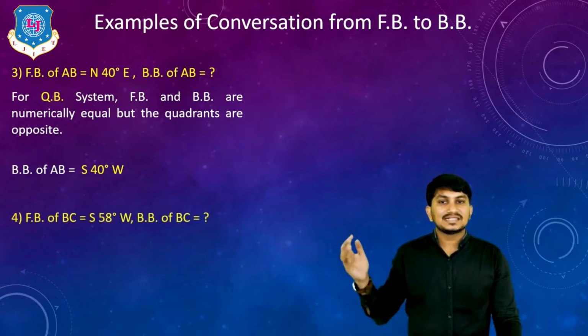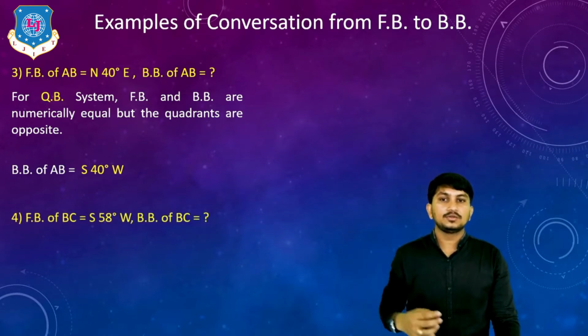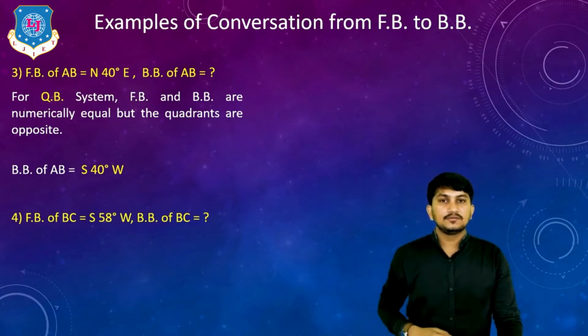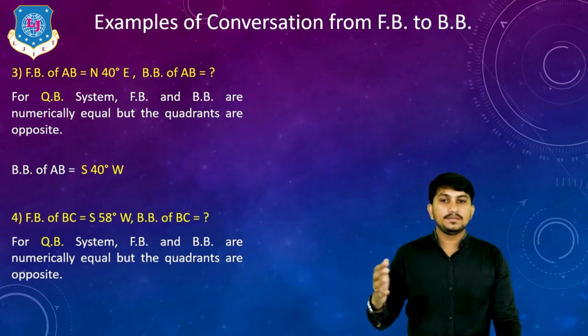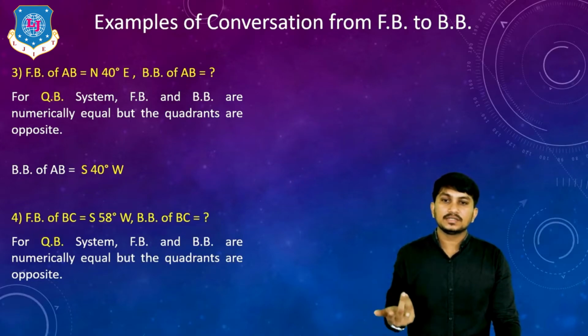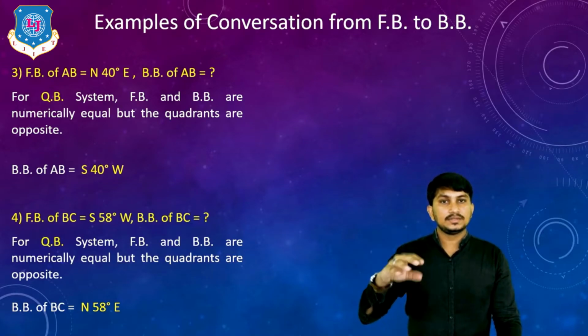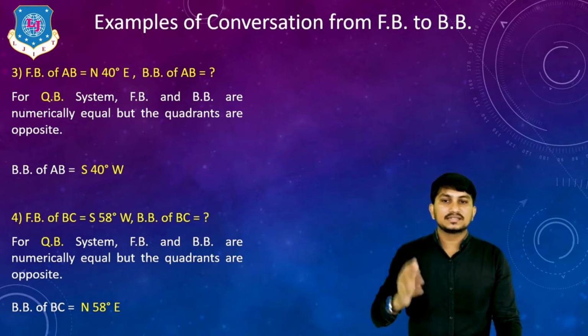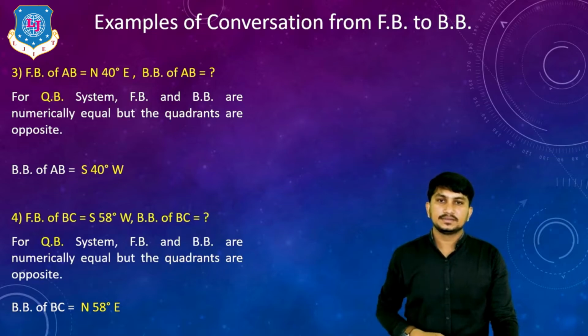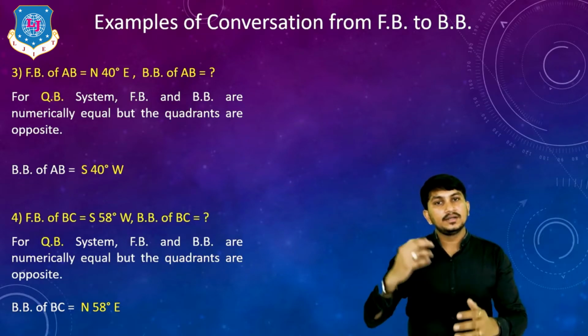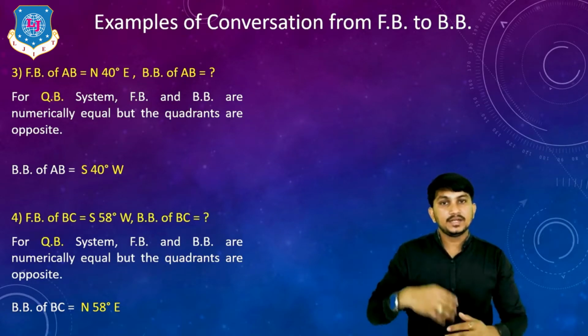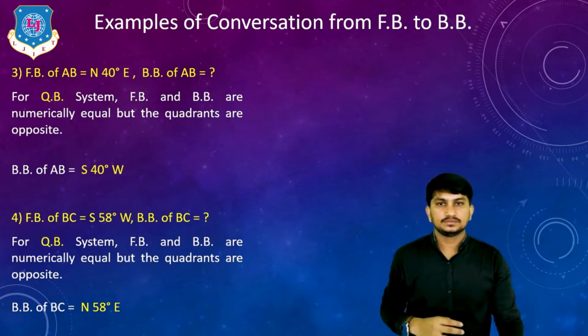Next example, if FB of BC is equal to south 58 degree west, what will be the BB of BC? For the QB system, FB and BB are numerically equal, but the quadrants are opposite. So BB of BC is 58 degrees, same, but the quadrants are opposite, meaning southwest to northeast. The BB of BC is equal to north 58 degree east. This is how we can convert fore bearing to back bearing in the WCB as well as QB system.